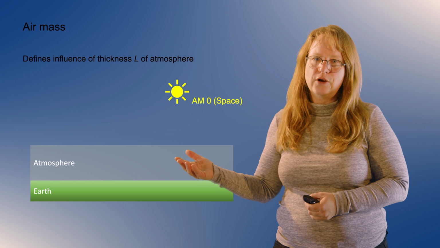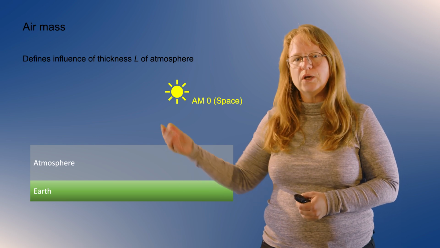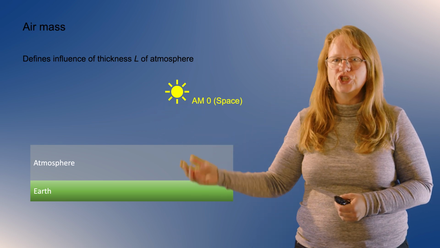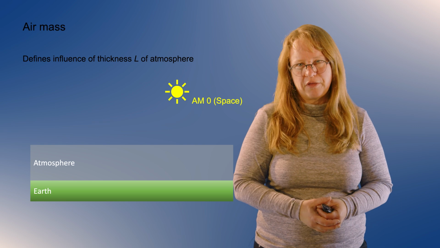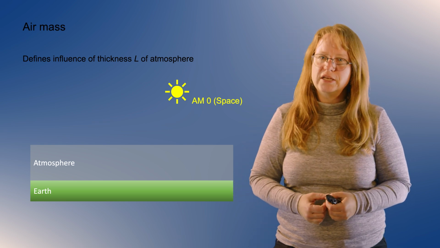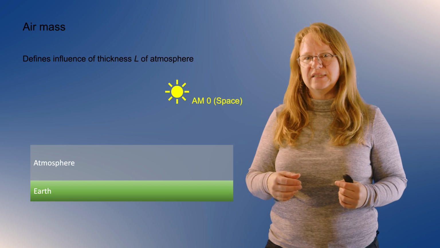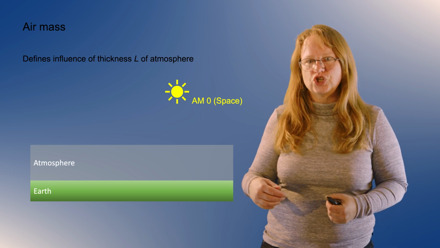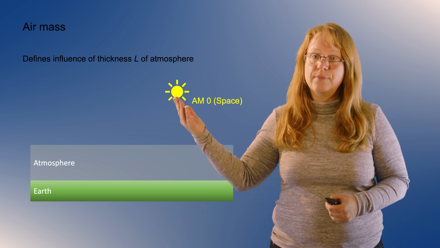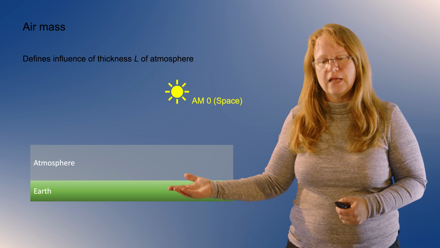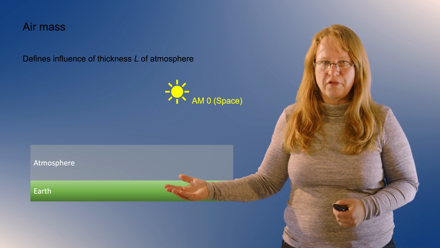So the atmosphere has an influence on what part of the sun's radiation is actually reaching the Earth. And that is the important point that is discussed with the air mass. So it's not about the mass, but it's actually about what fraction of the sunlight that the sun emits actually reaches the surface of the Earth here.